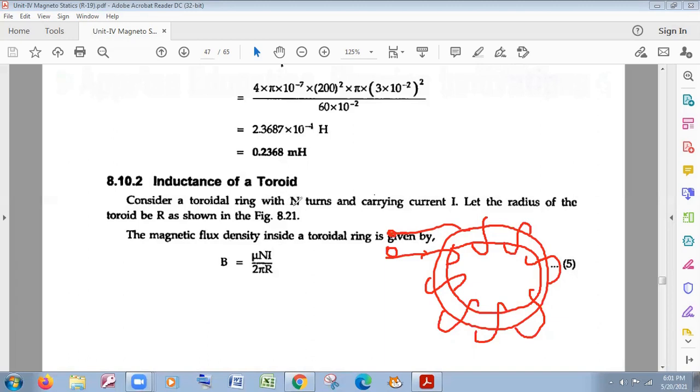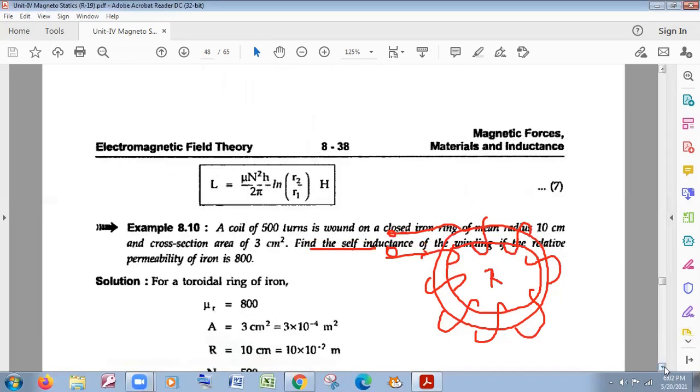Consider a toroid ring with N turns and carrying current I. Let the radius of the toroid be capital R. Then the magnetic flux density inside the toroid ring is B equal to mu into N I by 2 pi r, where N I by 2 pi r is H, because B is equal to mu into H. Got it, my students?